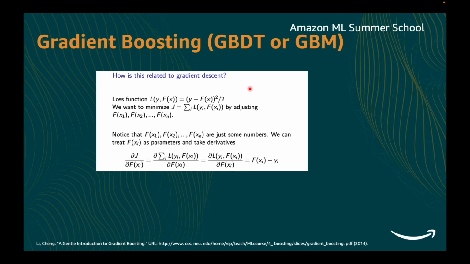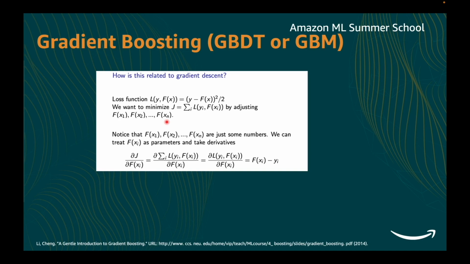It won't change the model you're obtaining. So now we want to minimize this, and we want to do this by adjusting f of x1, x2, and xn, right? Now these outputs of the model f are just some numbers.